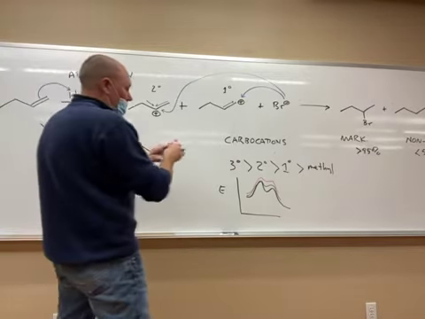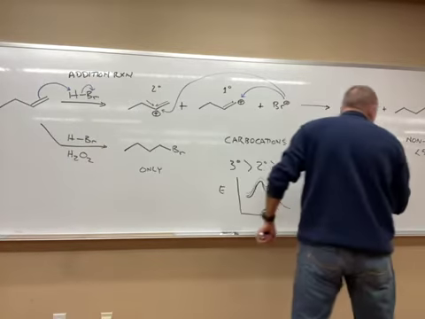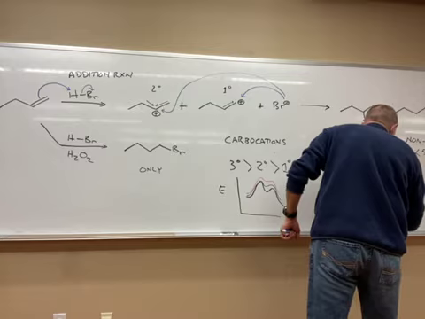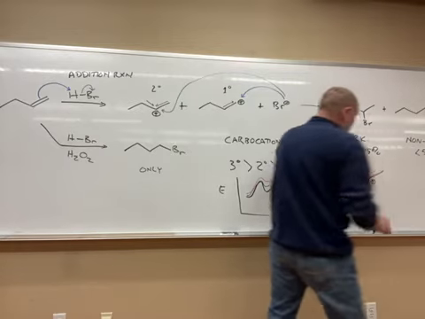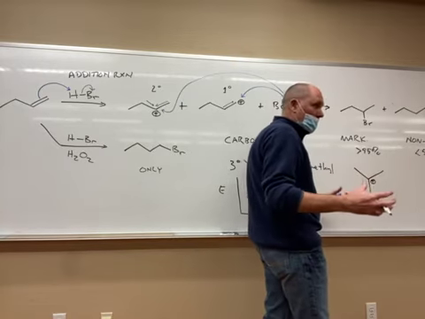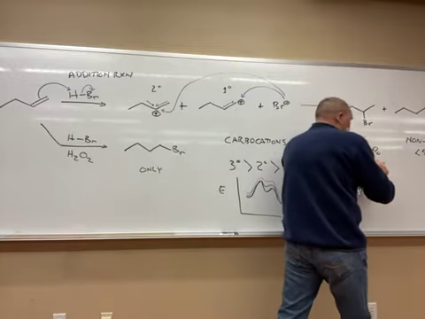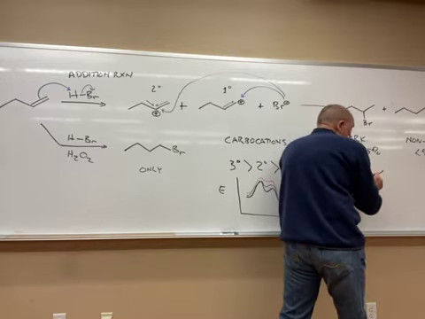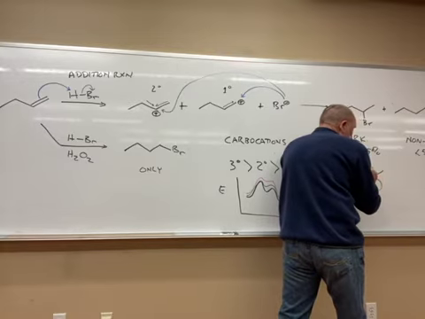Because if you remember, the carbocation itself is trigonal planar, with its lobes coming out. So you've got a lobe coming out at you, and you've got a lobe going away from you.